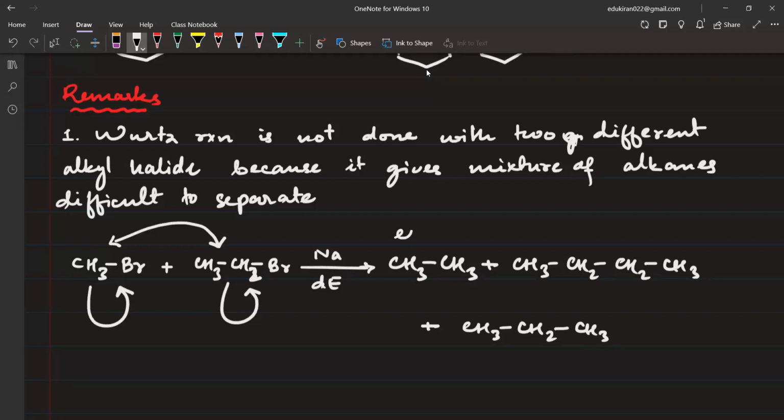So here we are getting ethane, butane, and propane. All of these have similar molar masses, so we cannot separate them. Since we are not able to separate them, we did not get any good product. That is why it is not done with two different alkyl halides.